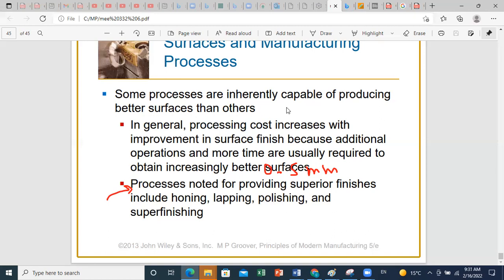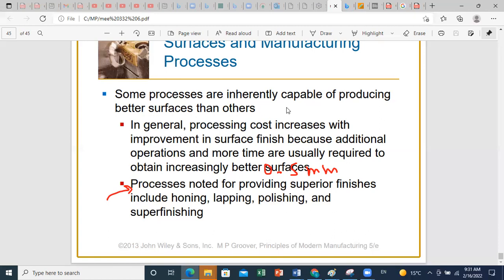We talked already about, for example, honing and lapping. You can see in reality how these processes take place, so it will be very good to watch these videos. They can help you imagine the situation, and that will facilitate studying afterwards. They are interesting, and you can see in practical cases how these processes are done in industries.